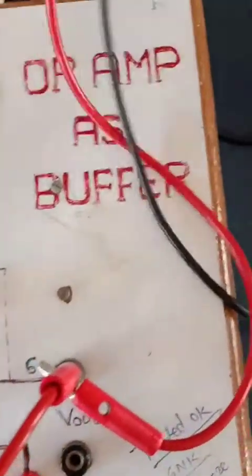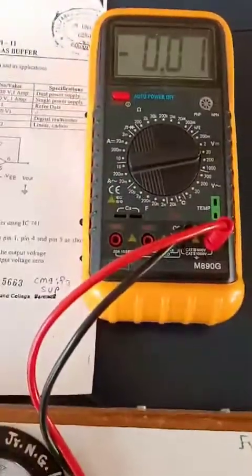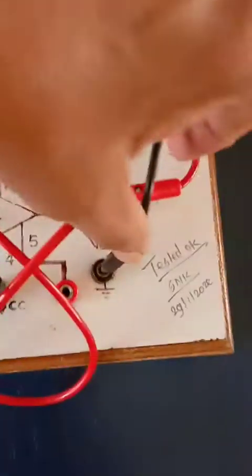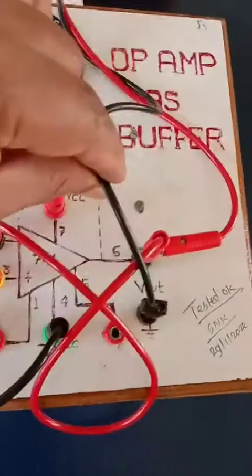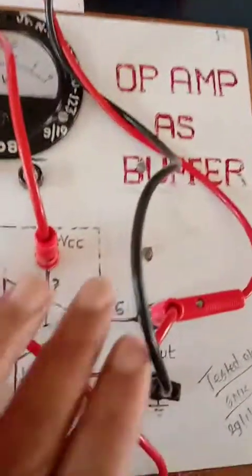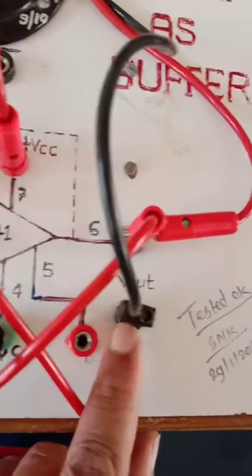Connect this positive wire to pin number 6 and connect the negative of the multimeter to ground, that is to this terminal. This is the output of the buffer circuit.